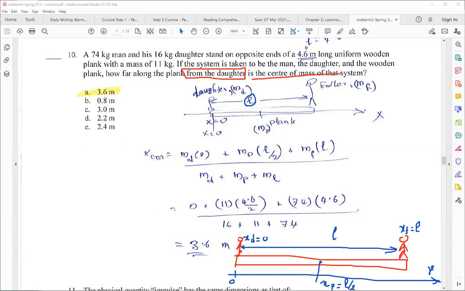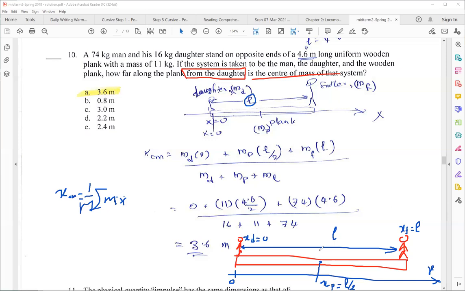Now, I have everything. I'm using the formula x center of mass equals 1 over total mass M, sigma m_i x_i. Now, Tanya, wouldn't it be closer to the man since he's heavier? Of course, we will find in the end, Tanya, that the center of mass will be closer to the man. Very good.